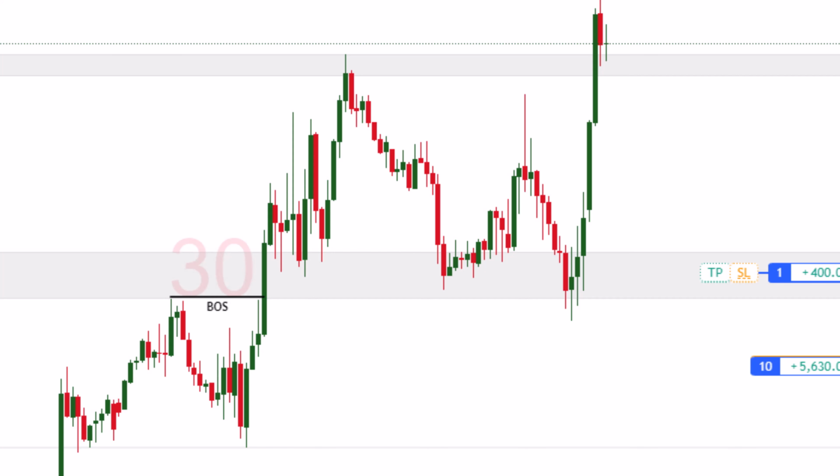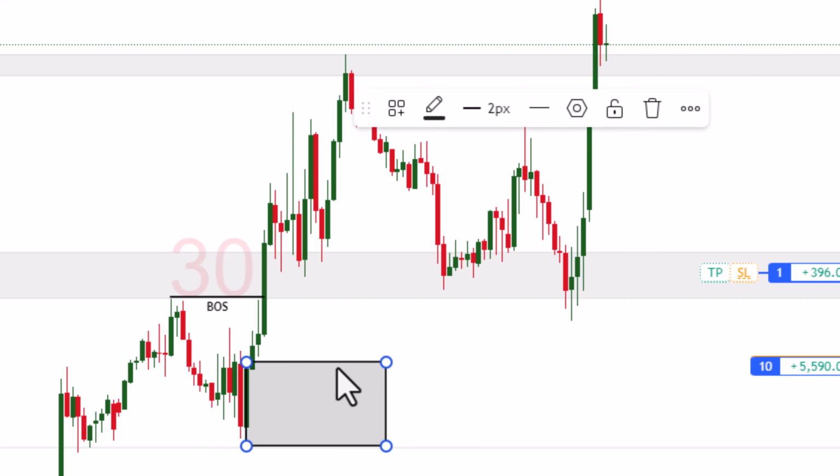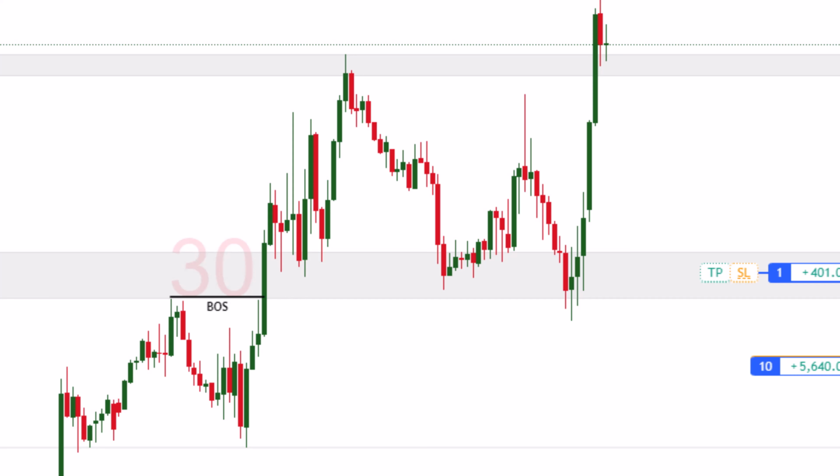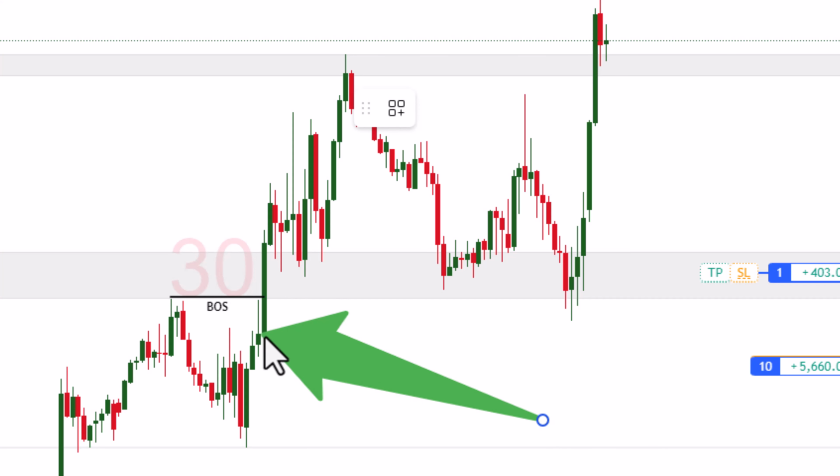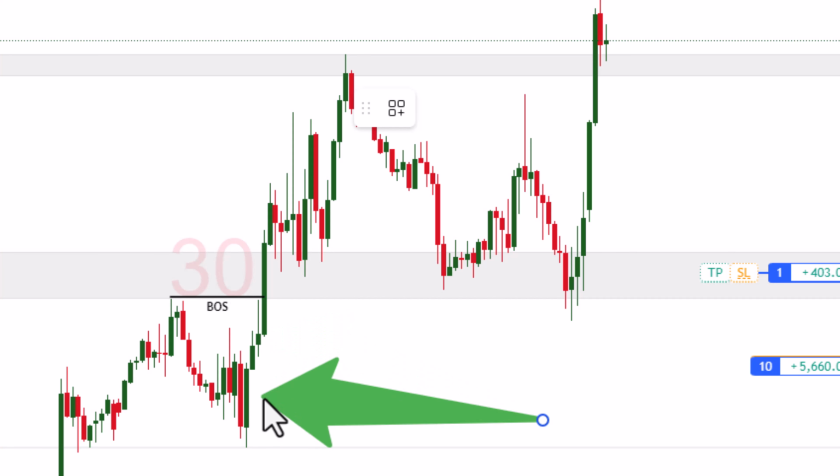So I don't really look forward to price coming all the way back down to this zone anymore. I rather look forward to price coming back into this level, this zone right here, because to me this is the candle that actually created that imbalance. So when price comes back, I'm using this as the order block, not this right here.